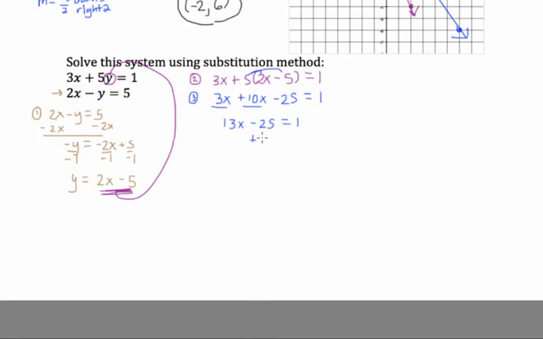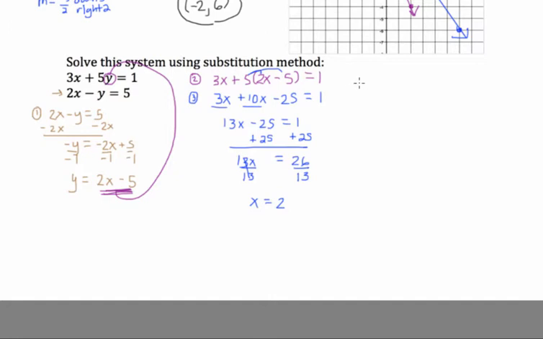And solve for x. Undo what's been done to the x. Okay, I'm half done. I know that x equals 2.